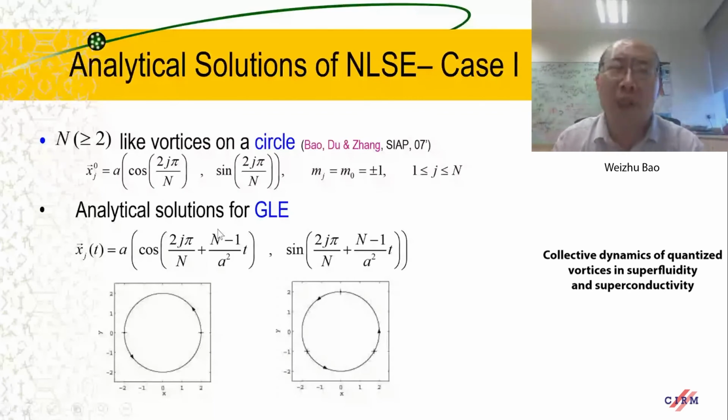So the ODE tells us they go parallel, but the PDE tells us they merge. If the distance between two vertices is smaller than or of the order of the core size, the ODE no longer gives the right dynamics qualitatively.